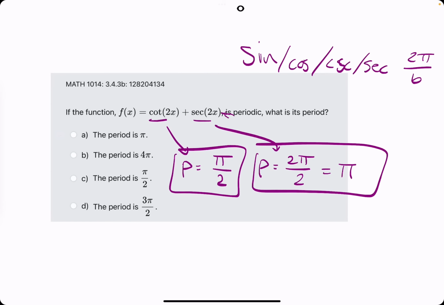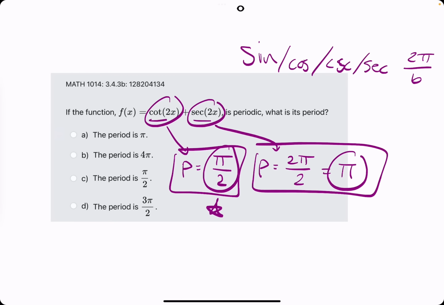So you always want to go with the larger period of the two, because if it takes pi for the secant piece to complete a cycle, and cotangent it only takes pi over 2, well, at least cotangent will also be able to complete a second cycle.